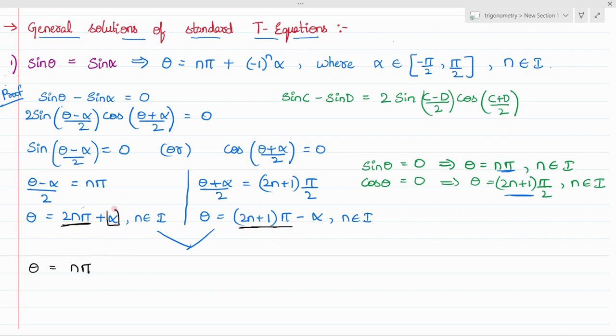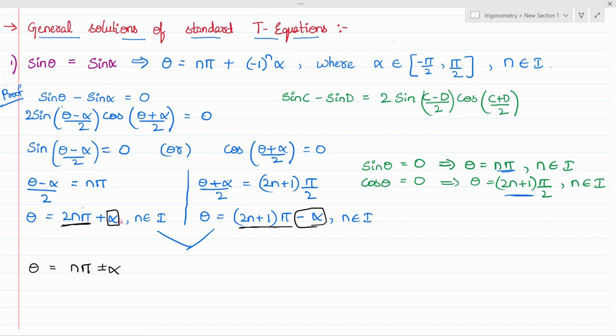Next, it is plus alpha and it is minus alpha. So can we write plus or minus alpha? Is this correct? If you want, you can check. For example, keep any integers like 0, 1, -1 instead of n. You can verify it. It won't give you right solutions. Why?